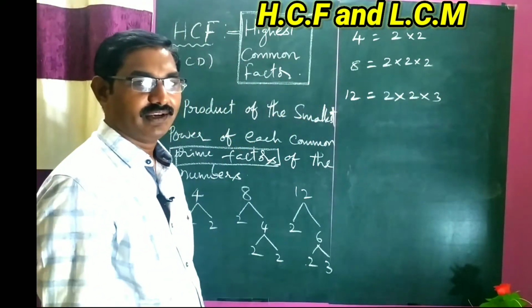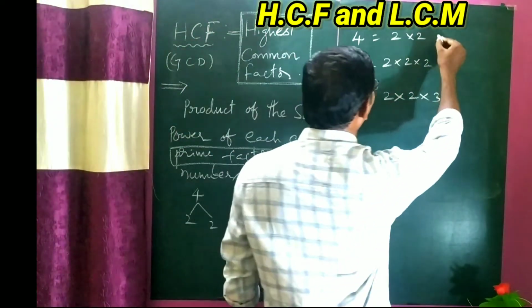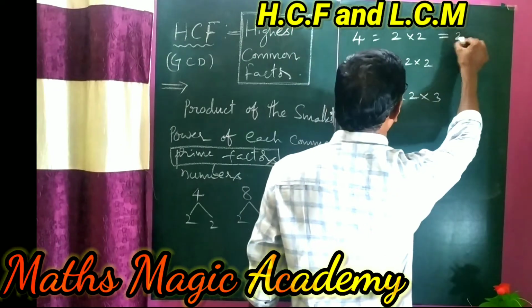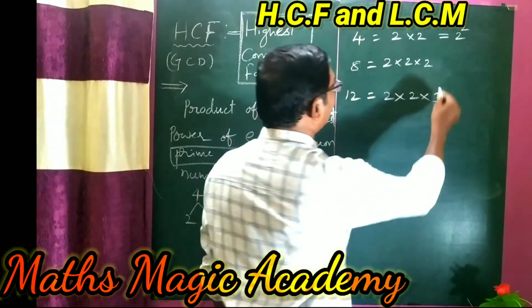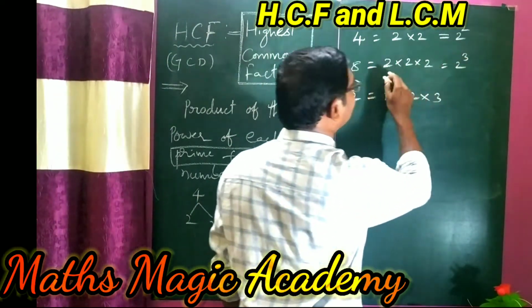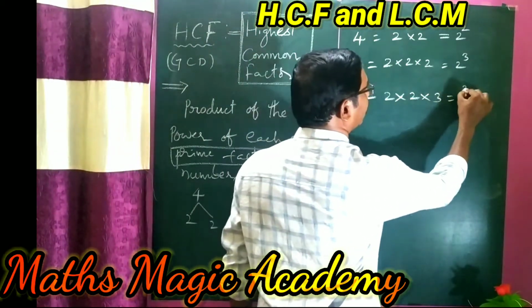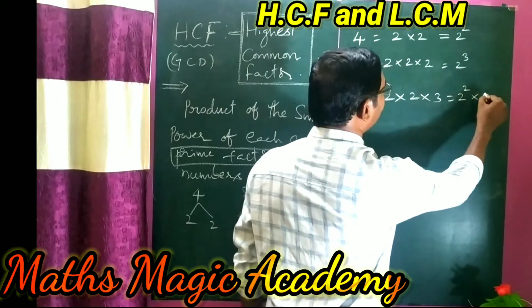Now you have to write these in powers: 2 power 2, here 2 power 3, and here 2 power 2 into 3.